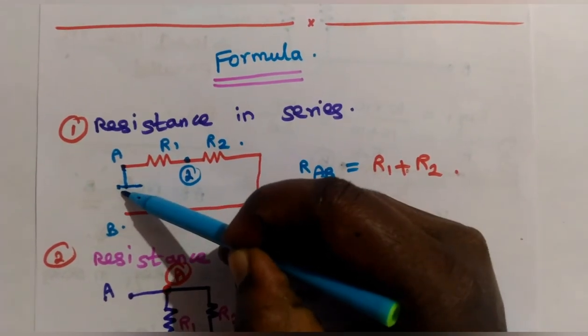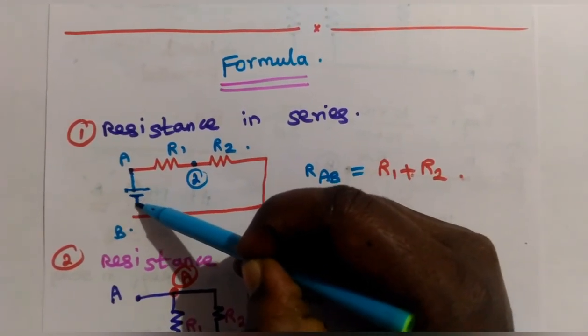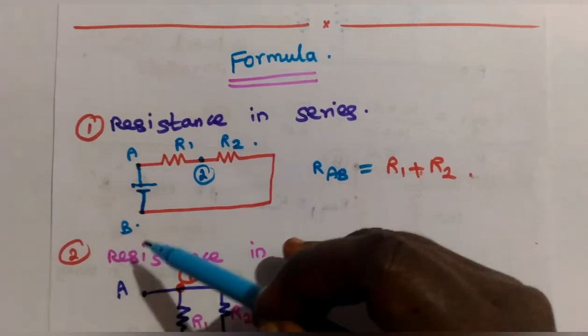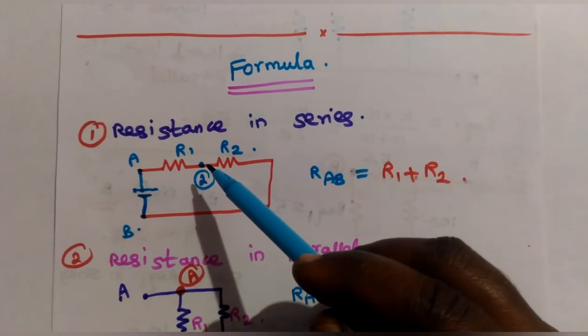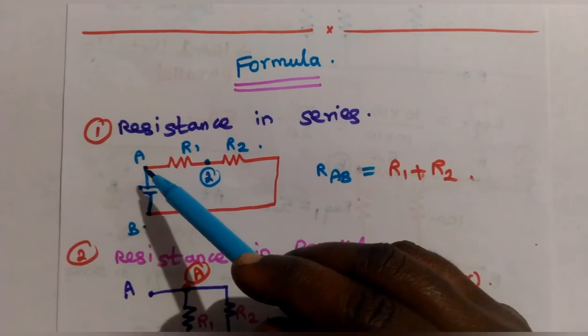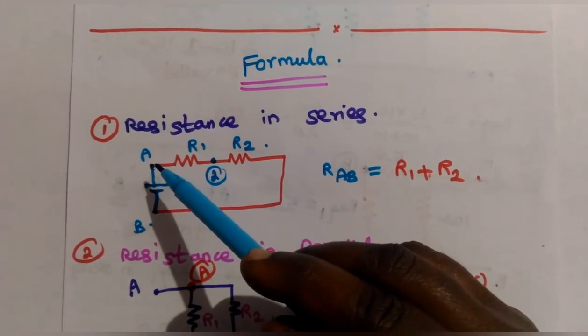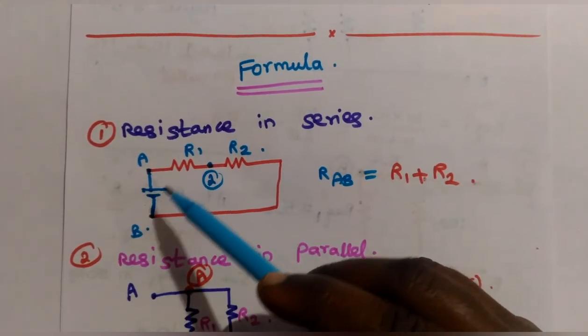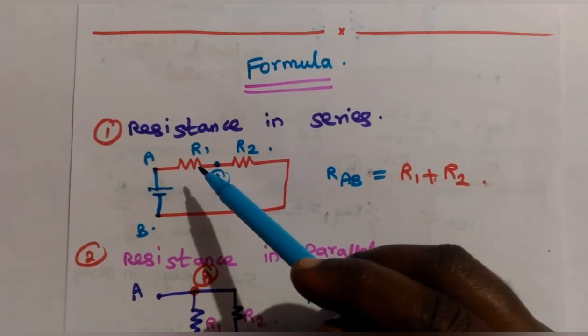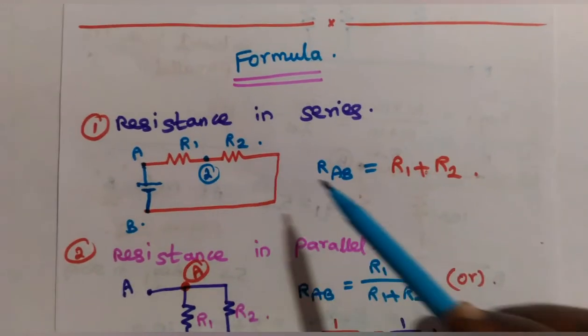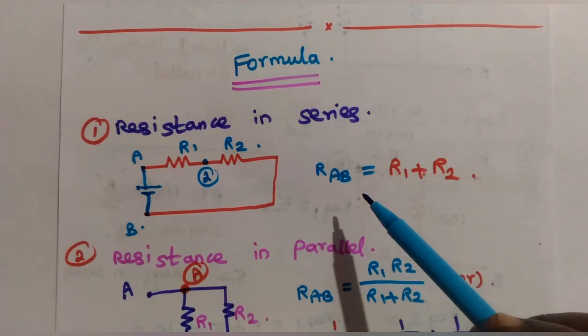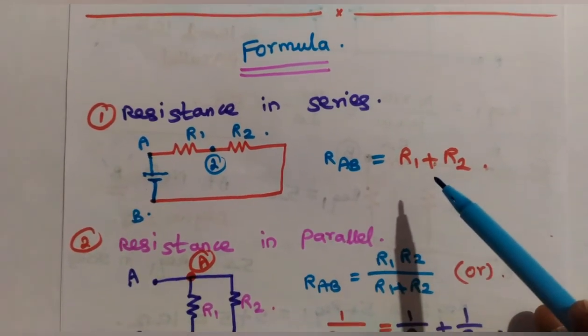Then consider the node point. At the node point there are two elements, a voltage source and a resistance, so this is a series combination. For the series combination, the equivalent resistance formula is RAB is equal to R1 plus R2.